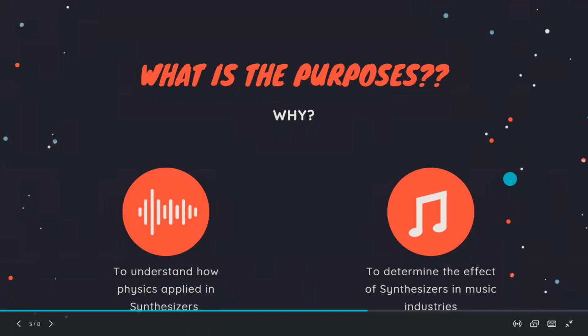So what is the purpose? First of all, I want to understand how physics applies in synthesizers, because synthesizers revolve around technologies, and how they produce sound comes mostly from technology and physics. The second is to determine the effect of synthesizers on the music industry.